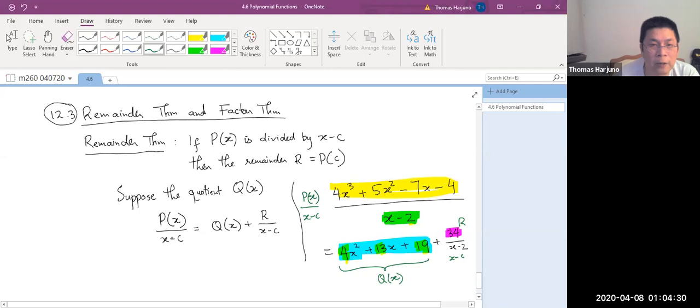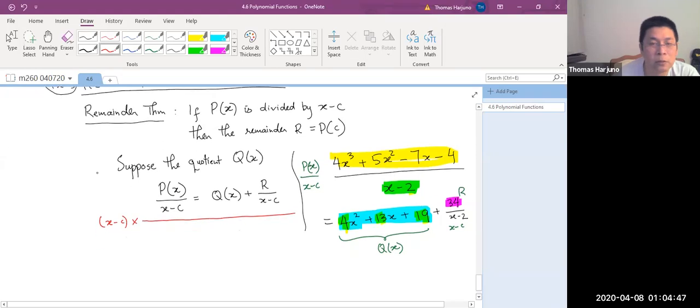Now, imagine from here, I multiply by the LCD, x minus c. If I multiply by x minus c, then I get P(x) is equal to Q(x) times x minus c plus r.